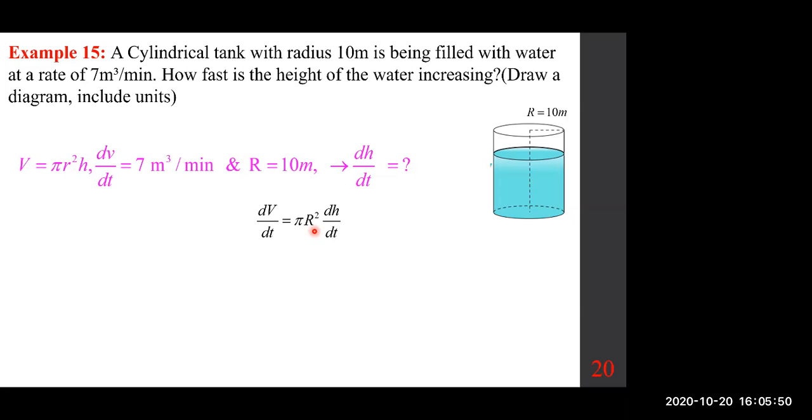So having said that, now you just plug in. dV/dt is 7, pi R squared is fixed at 10, dh/dt, and the units for the height per the units of time. The units work out just the way they do in the case of dealing with numbers. What we do to numbers, we do to units.